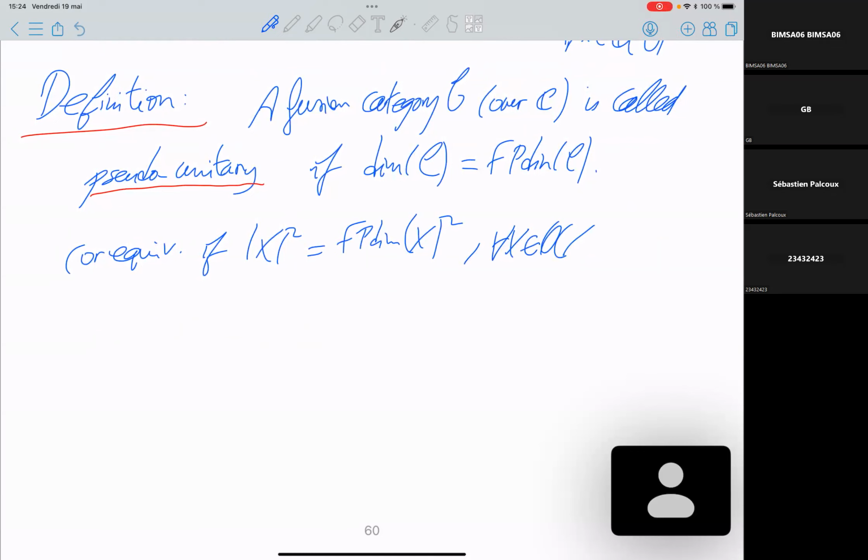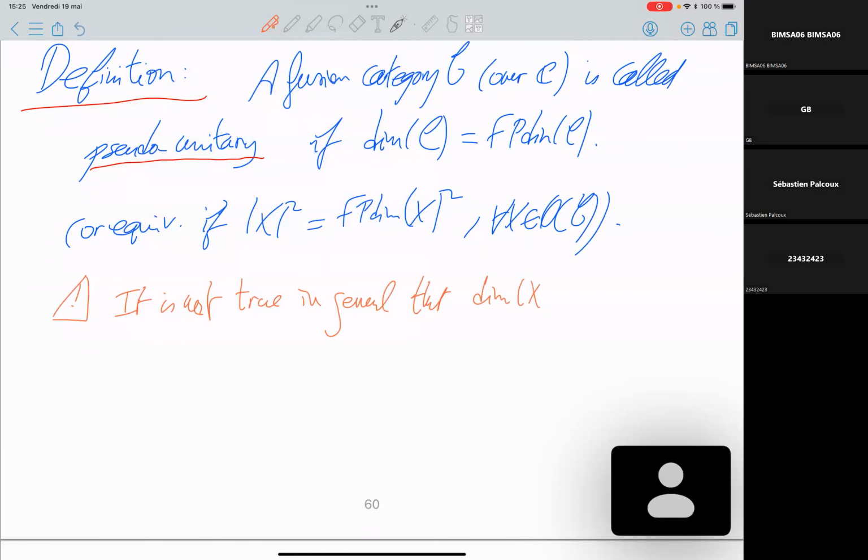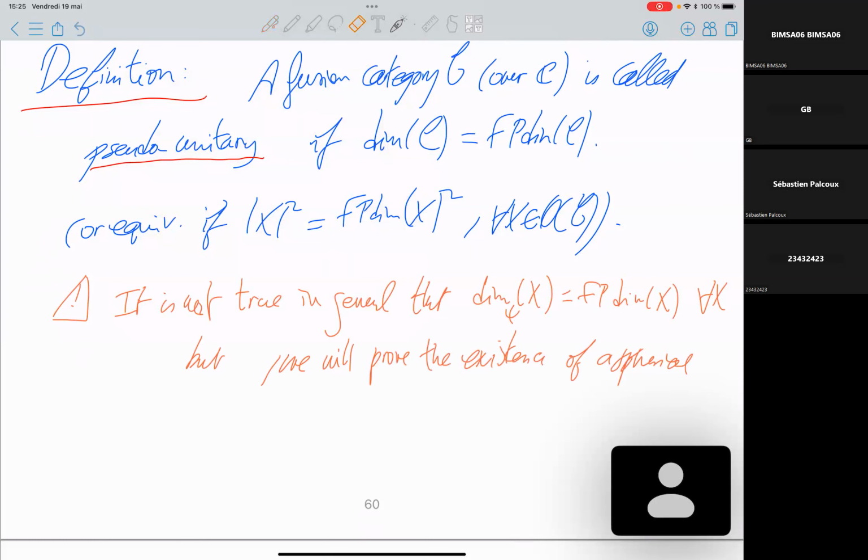But be careful. Warning. It is not true in general that dim x equals fp dim x for all x, but we will prove the existence of a canonical spherical structure phi.